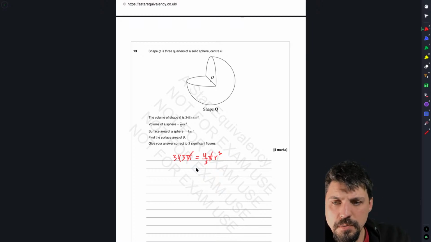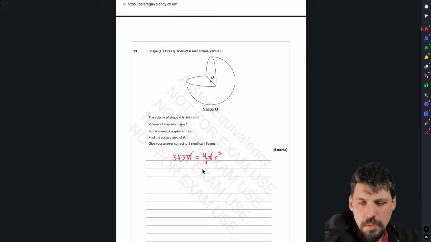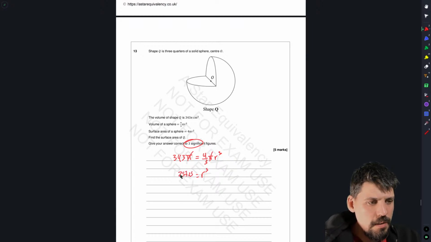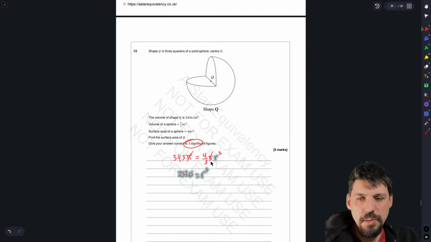Let's try that again. 343 times 3 divided by 4. Well, okay then. I mean, this does say to 3 sig fig, but the fact they put a pi in there. Gotcha, that's why.